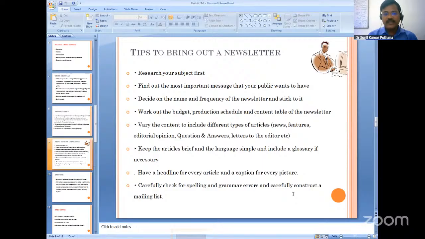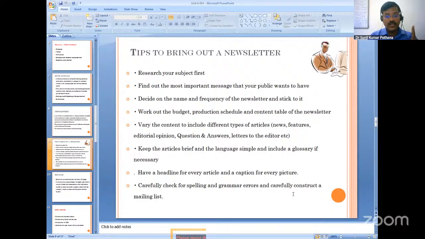What types of articles is the content meant to include? The newsletter generally focuses on news-oriented information: news, features, editorial opinion, questions and answers, letters to the editor, like how we read the newspaper. That kind of content is included in the newsletter.